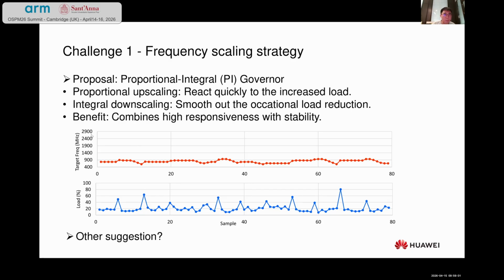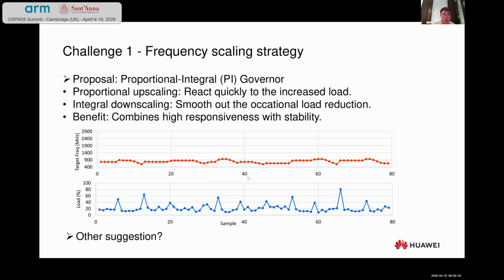Now the trace looks like this. The load and target frequency are not bouncing anymore. The load is maintained at a level around 20%, with some spikes reaching 60% or 80%.